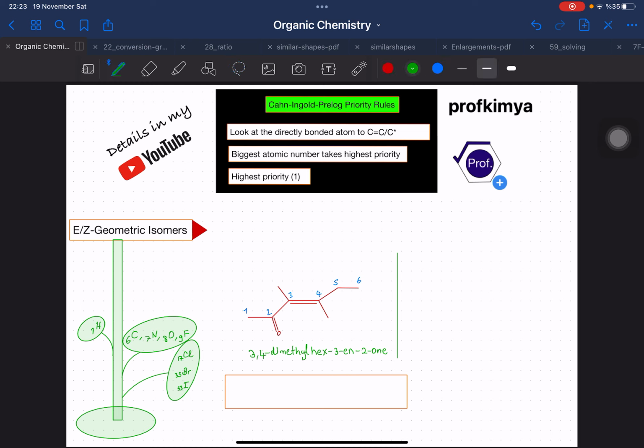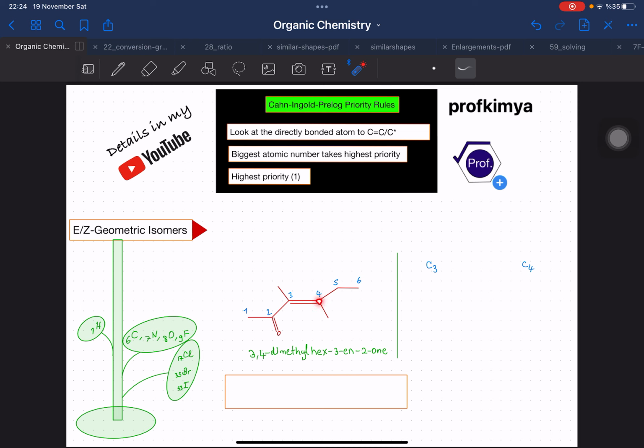To determine the E or Z configuration of this alkene molecule, we look at the C3 and C4 carbon. Let's start with C4 carbon.